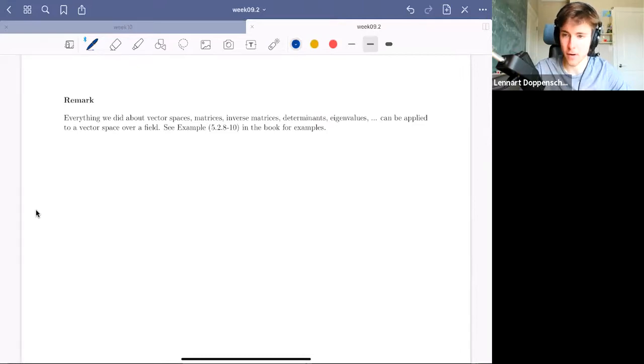Everything that we did so far, we've seen matrices over different fields, but the determinant, eigenvalues, all these things still apply for other fields and vector spaces over these fields.